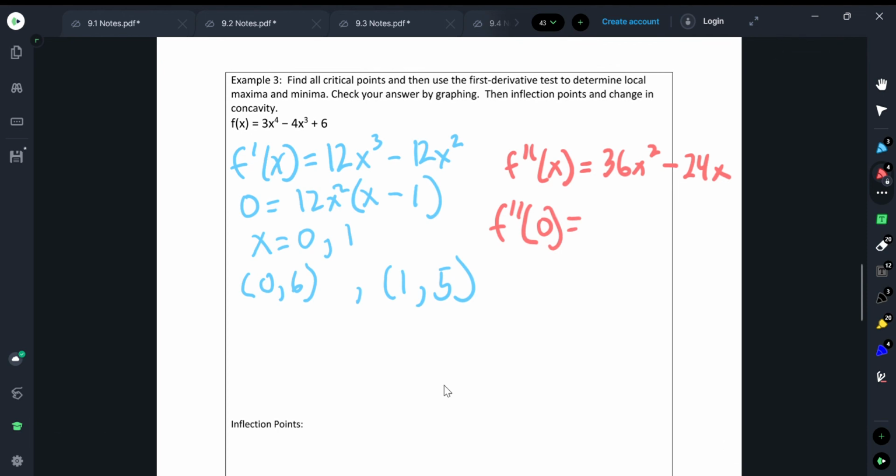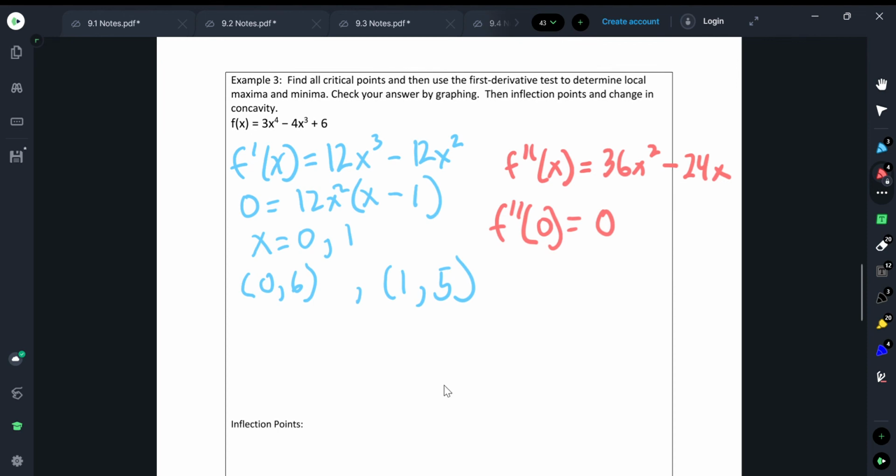And when I put 0 in, I have 0, which is a weird kind of point because it kind of tells us, we'll look at it on the graph, because 0 is neither negative nor positive, but it's showing us something is there. Okay, cool. And you'll see why.